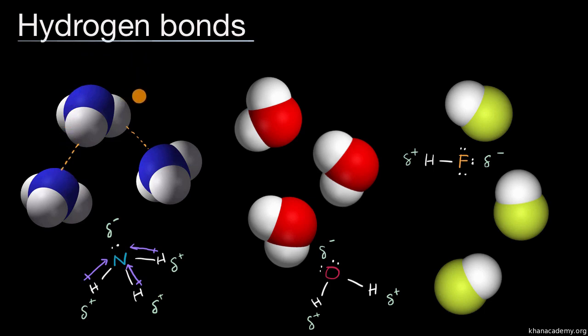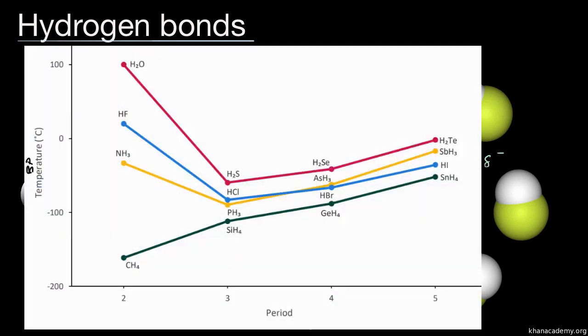And they are an intermolecular force that will be additive to the total intermolecular force from, say, things like London dispersion forces, which makes you have a higher boiling point than you would have if you just thought about London dispersion forces.